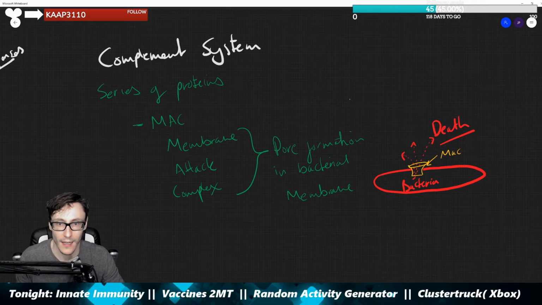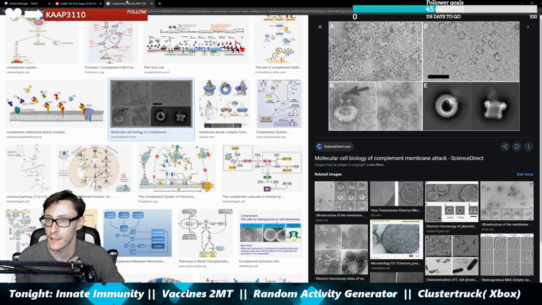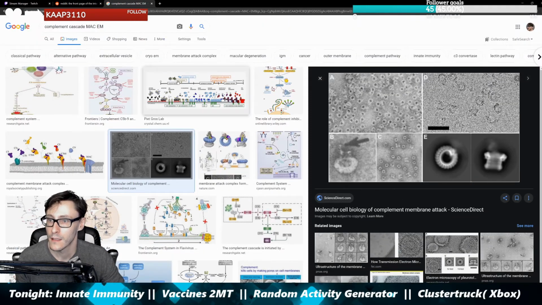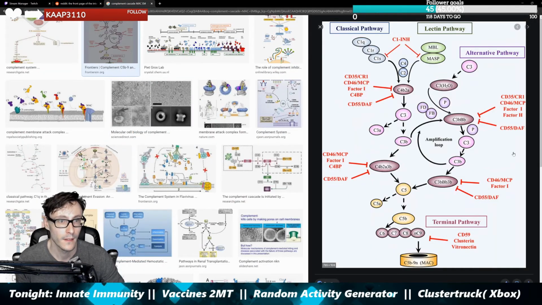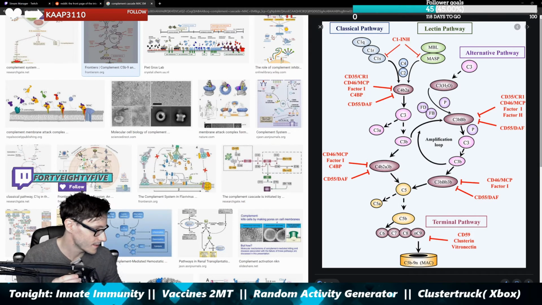So let's have a look at the complement system in a bit more detail. I'm not going to draw it because you're going to see how complicated it is. Right, this is what I mean by a cascade.